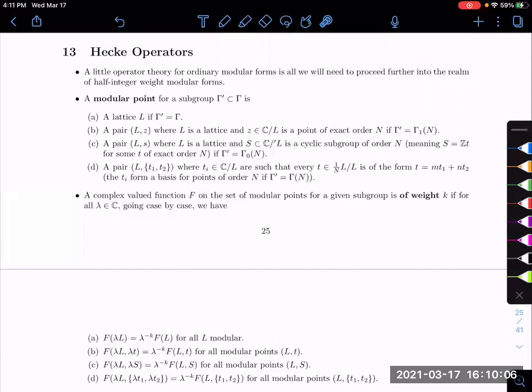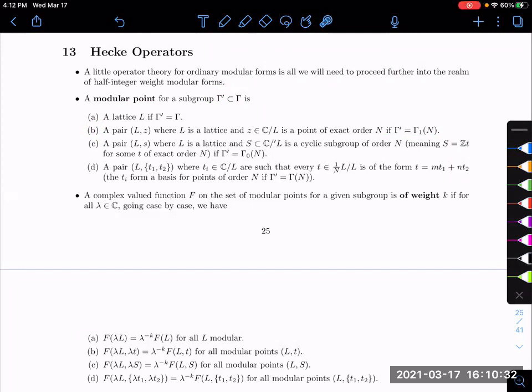To talk about Hecke operators, we're going to first need to define the notion of a modular point for a subgroup of SL2Z. Now, there are 4 special subgroups of SL2Z for which we want to define modular points, and there's a different definition for every subgroup, but really all you need to focus on is the second one as I bring it up.